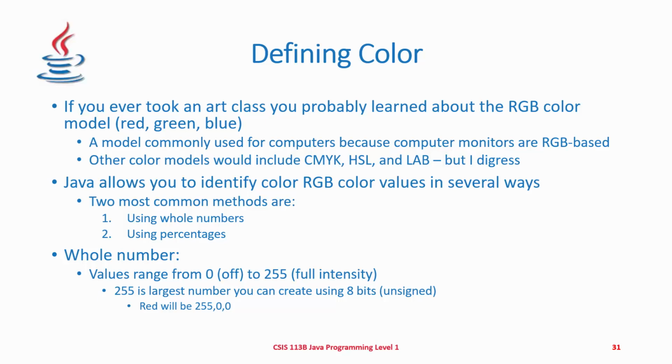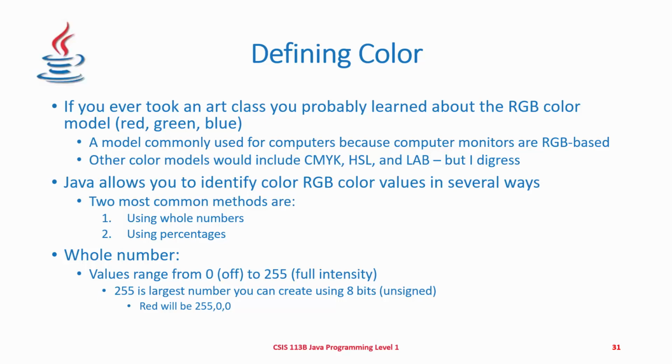But there are others. If you're in the printing world, you use CMYK. If you're in the design world, like working in Photoshop, hue, saturation, and luminance, or HSL, is quite popular. And there's also Lab, which is luminance, and then A channel, B channel. But I'm digressing. We're going to focus on RGB here.